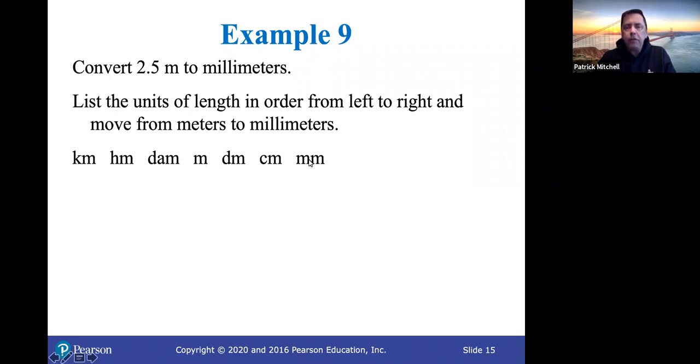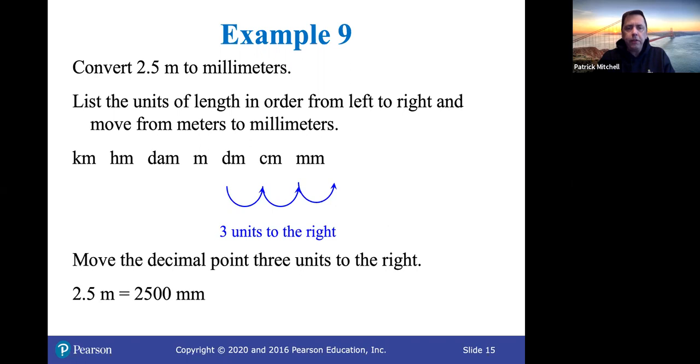Notice that millimeters is 3 to the right of meters: 1, 2, 3. So you take the decimal point in the meters measurement and move it 3 places to the right. 2.5 meters becomes 2,500 millimeters. So much simpler than having to mess with unit fractions.